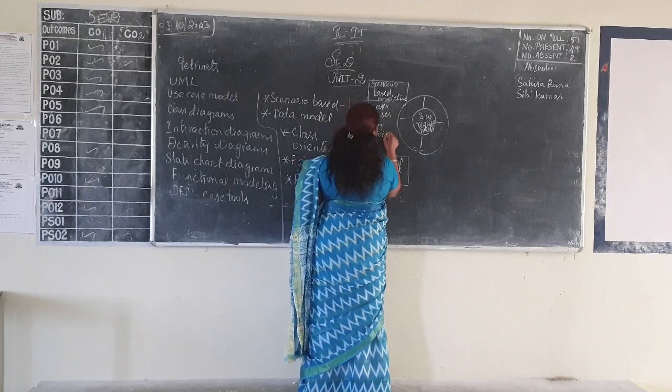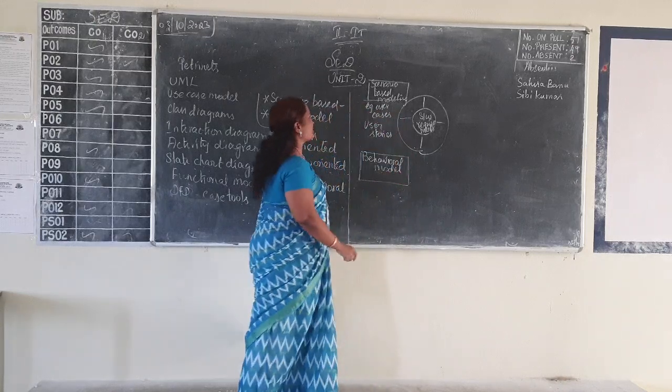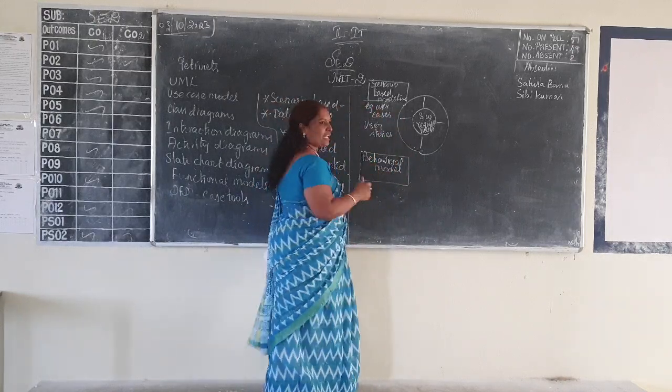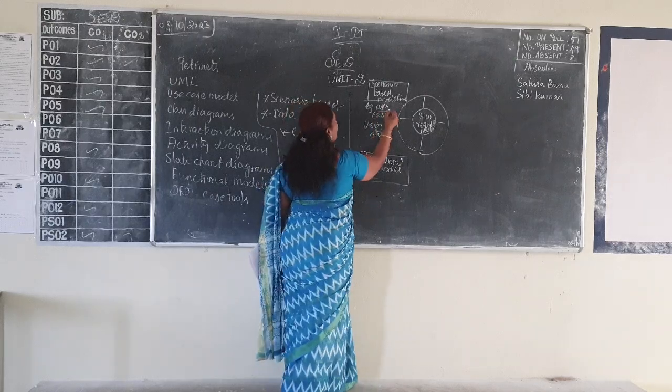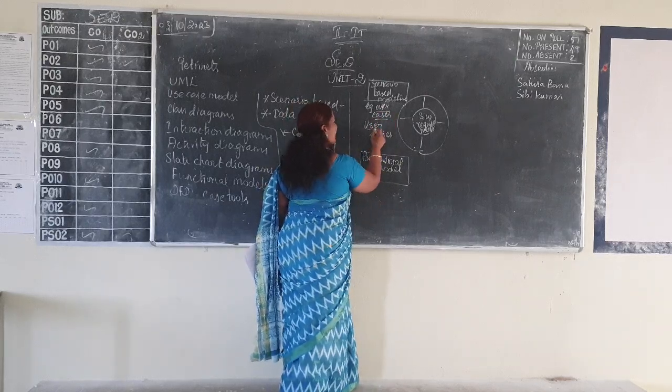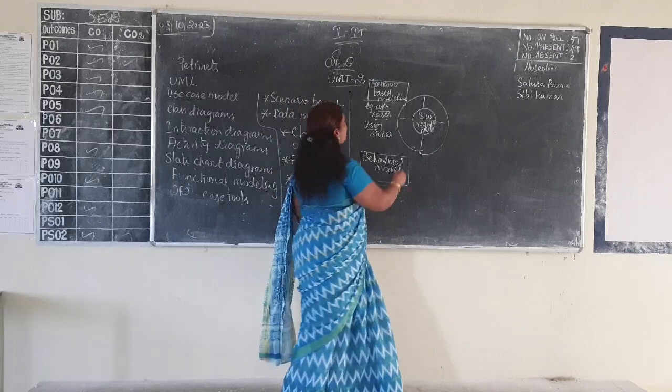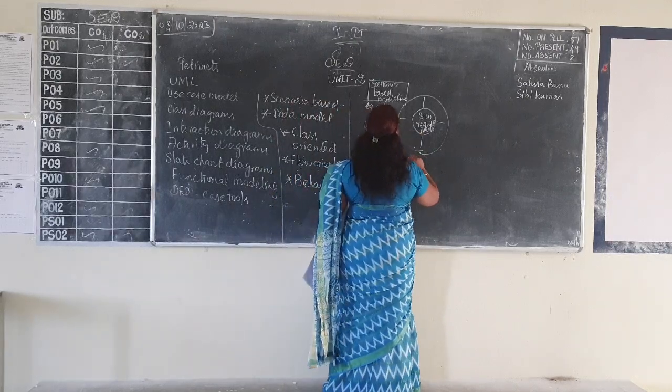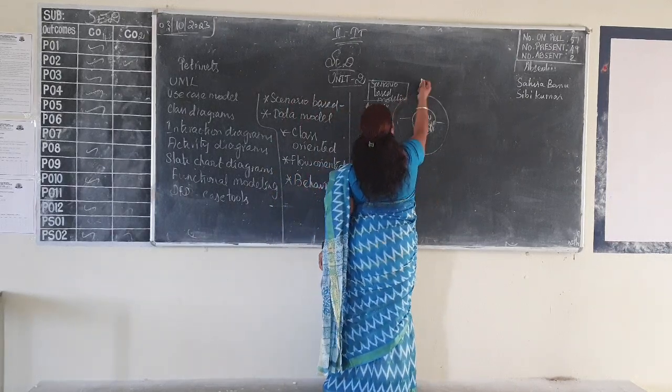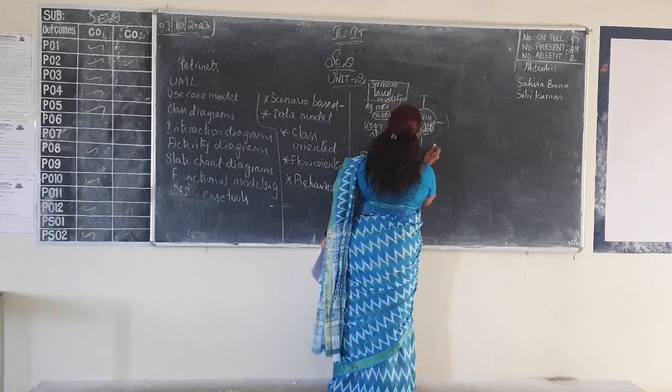User stories. So from this, what do you understand? Scenario based modeling, using which we will be able to represent use cases and user stories. So this is connected. The circle should touch the external circle.